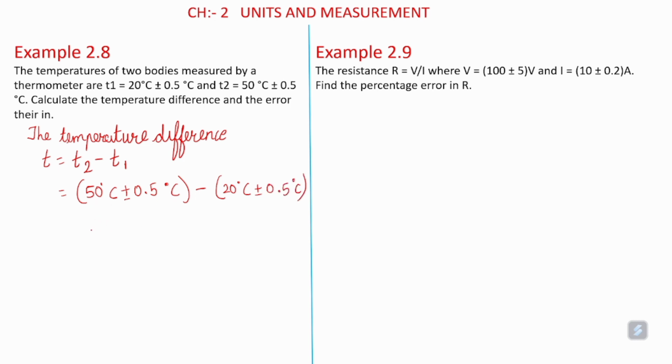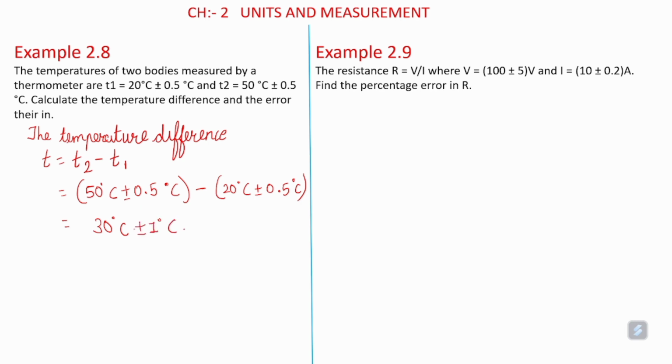So here 50 minus 20 would be 30 degrees Celsius, and here if we take plus 0.5 and here minus sign, it will be minus plus minus, and here we will only take the maximum error. So maximum error in this would be plus 0.5 and plus 0.5. So when we add both of them we will get 1 degree Celsius.